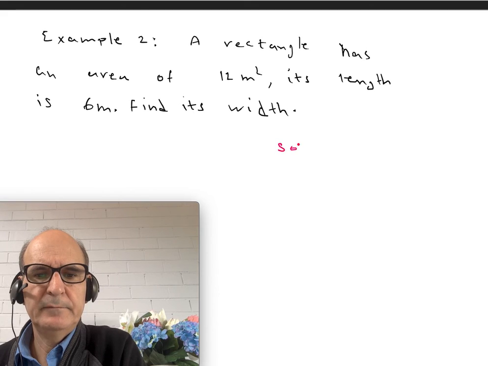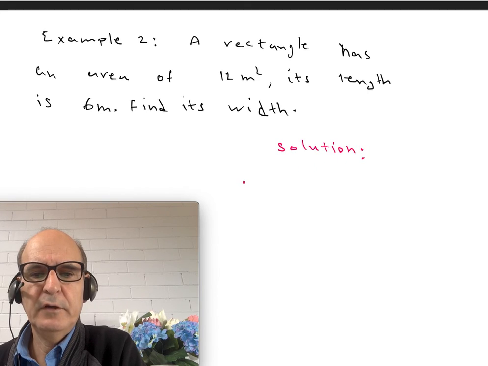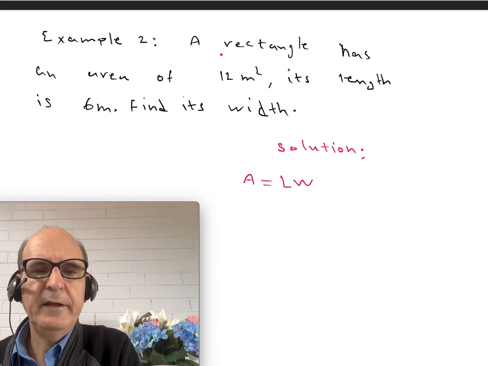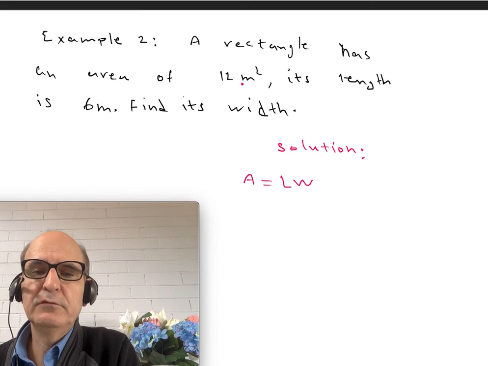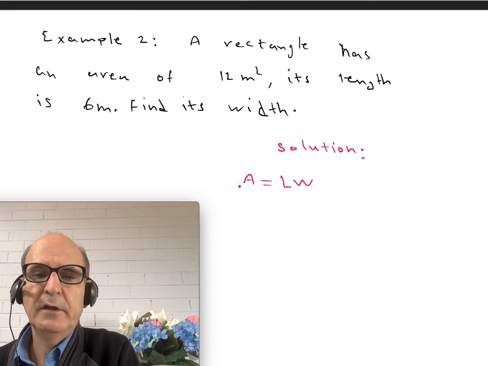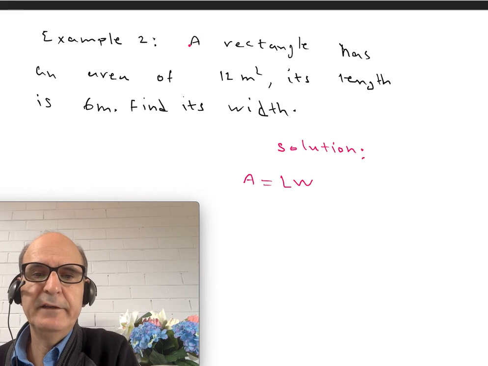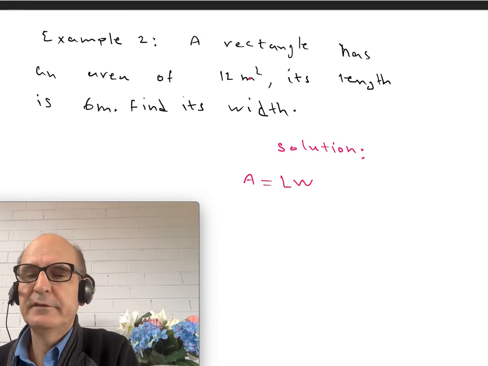All right. Again, your first step is to write the formula. Write the formula: A is equal to length times width. Then write all the variables that are given to you in this question. So in this case, we have A. They say A is 12 square meters.